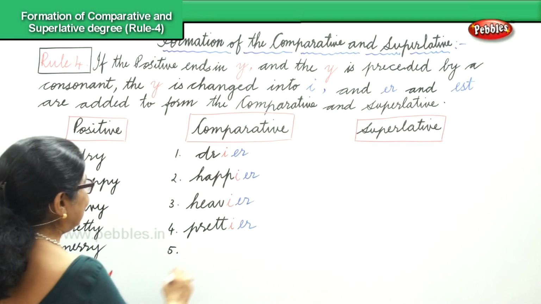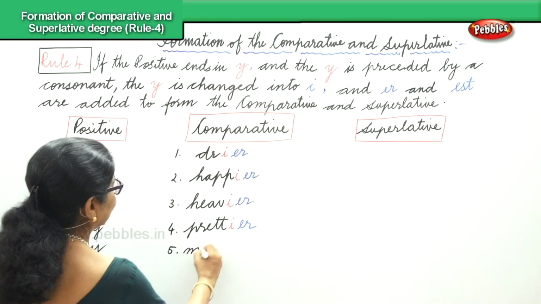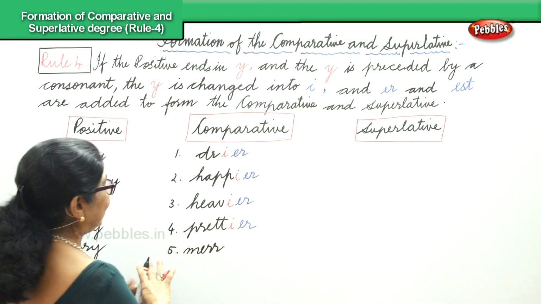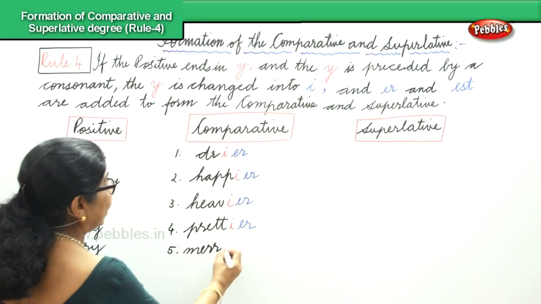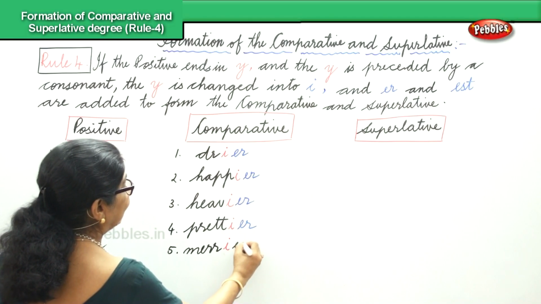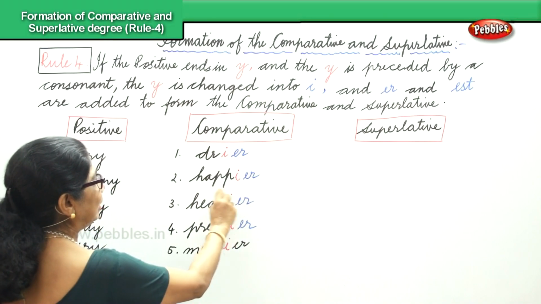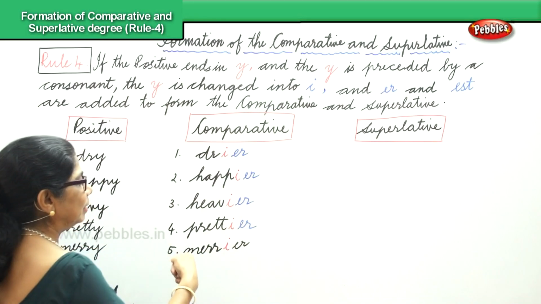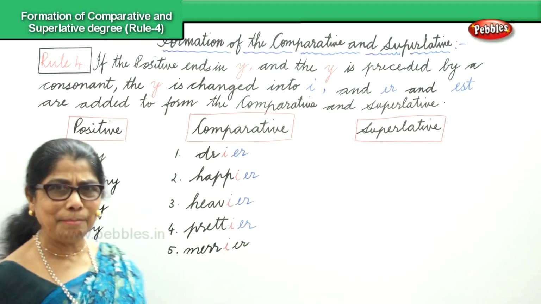Prettier, and finally merry. The Y is changed into I, and then you add ER, and you get the comparative. Drier, happier, heavier, prettier, and merrier.